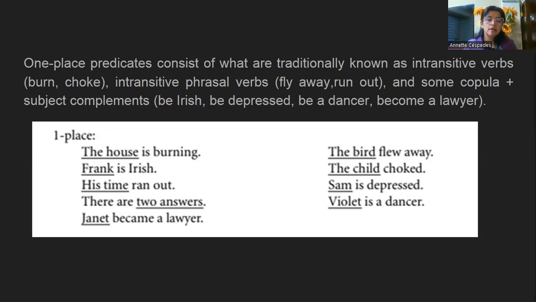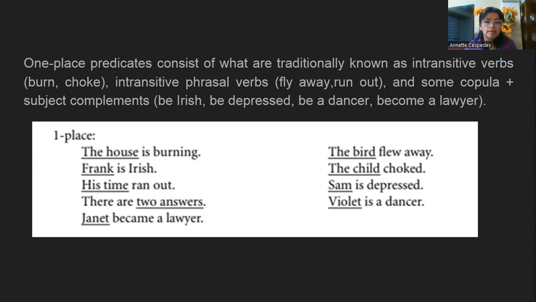Another ones that are called copula plus subject complements: be Irish, be depressed, be a dancer, become a lawyer, become a doctor, be a singer, be sad, be happy, and so on.